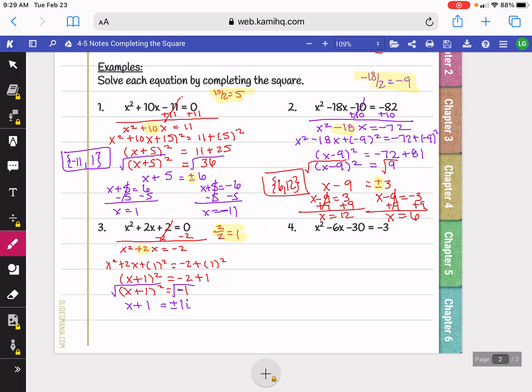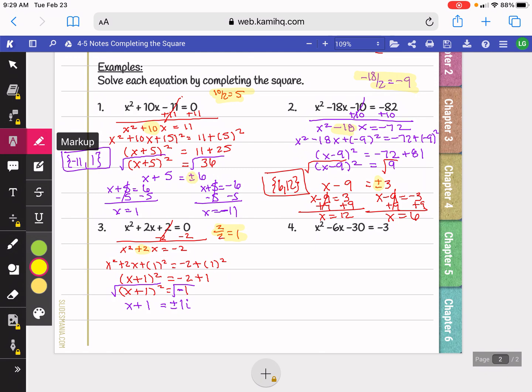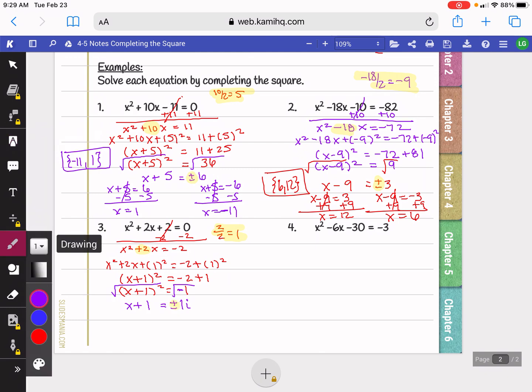Now I can separate this into two different equations. One is going to equal positive 1i, one will equal negative 1i. And then I'm ready to start solving, so I'll subtract 1 from both sides. Here it's a little different though, because these are not like terms, so you cannot combine them.